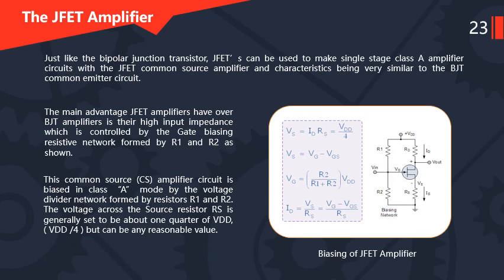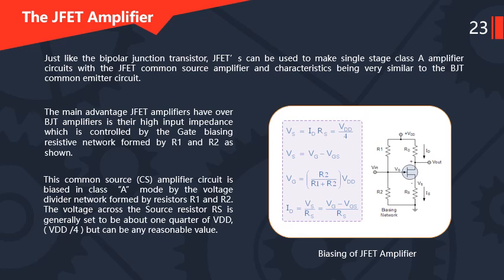The common source amplifier circuit is biased in class A mode by the voltage divider network formed by resistors R1 and R2. The voltage across the source resistor Rs is generally said to be about 1/4 of VDD but can be any reasonable value.